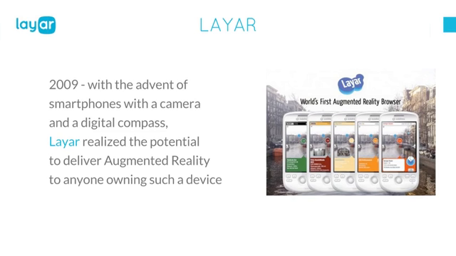But let's talk a little bit about Layar. In 2009, with the advent of smartphones and cameras that also embedded a digital compass, Layar realized that there's a lot of potential to deliver this kind of digital content to anybody who has one of these devices.